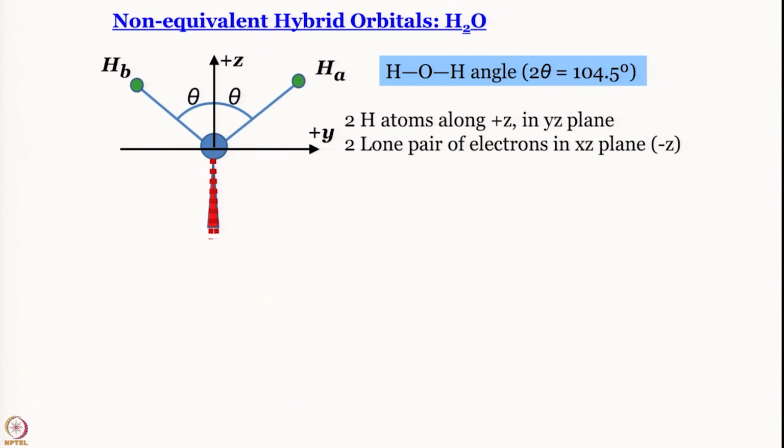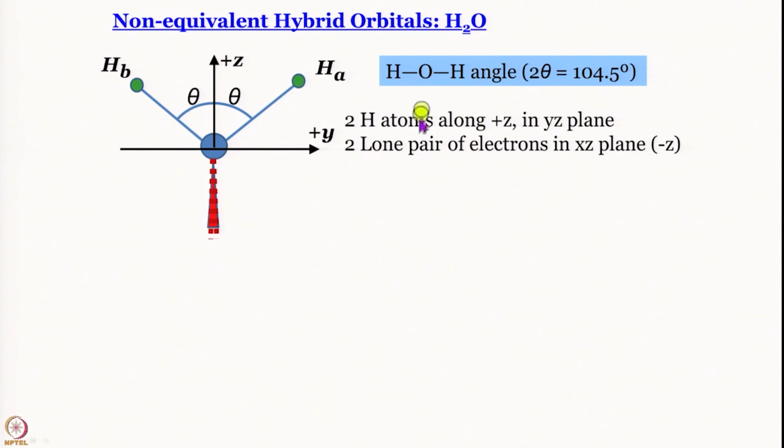It has to be something beyond sp3, because the sp2 bond angle is 120 degrees, sp is 180 degrees. So, as you go from sp to sp2 to sp3, the bond angle keeps on decreasing, 180 to 120 to 109.5.